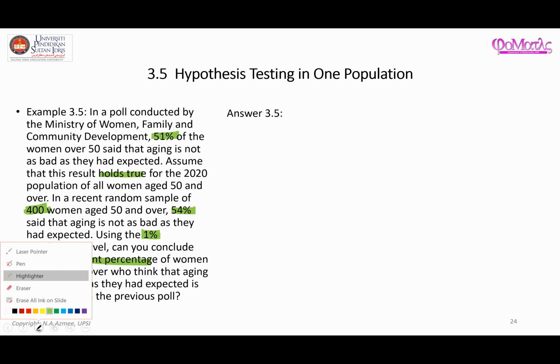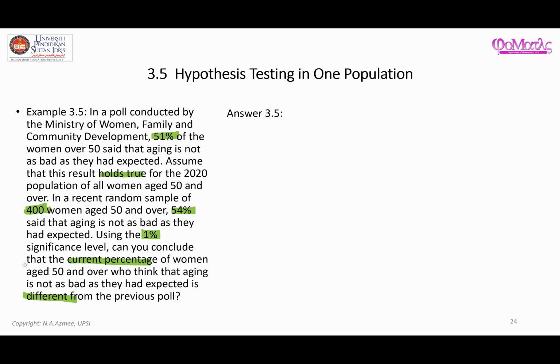Okay, so the first step is I'm going to transform whatever words here into mathematical symbols. The first statement here indicates the idea for the null hypothesis, because this statement says that we are going to assume the result given here is true for the 2020 population of all women aged 50 and over.